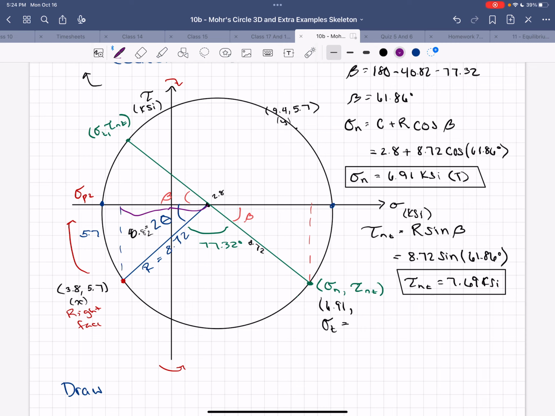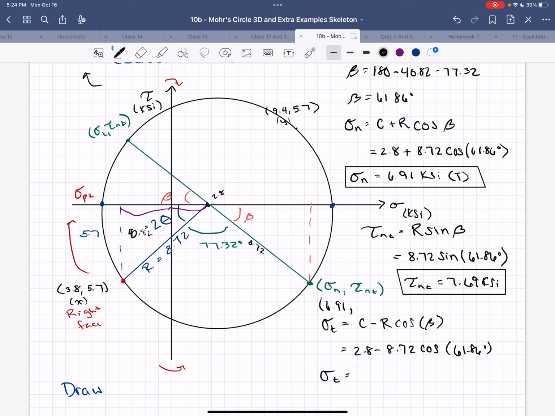So we would have sigma t equals, we could do like we did before, c minus r cosine of beta. So this equals 2.8 minus 8.72 cosine of 61.86 degrees.